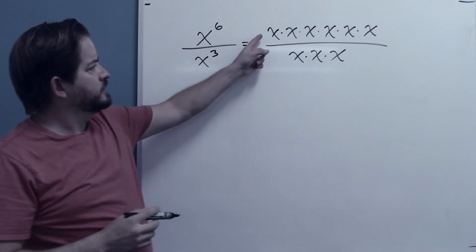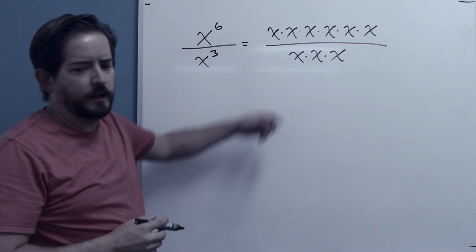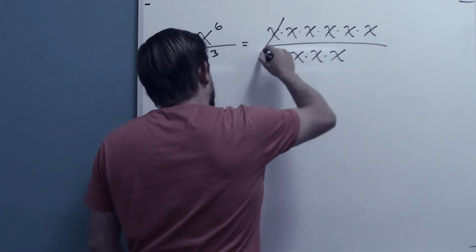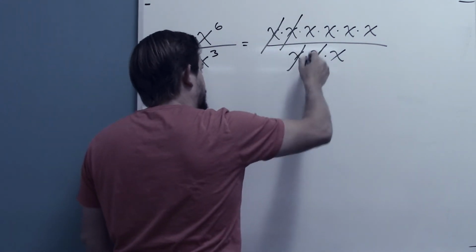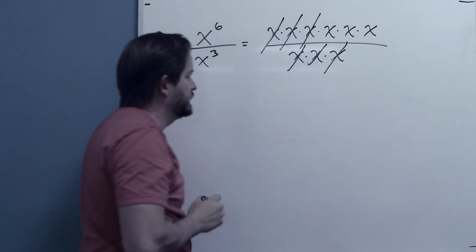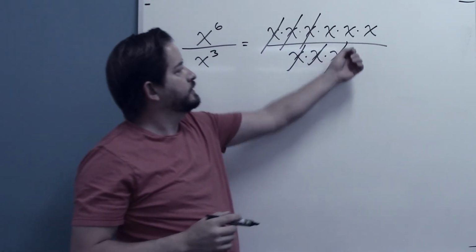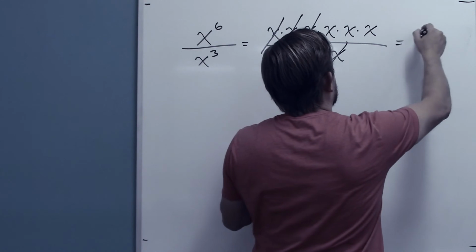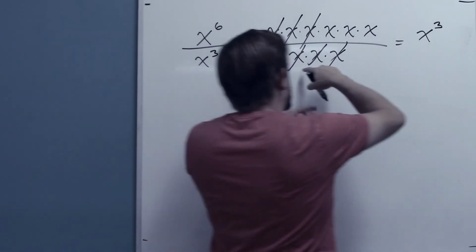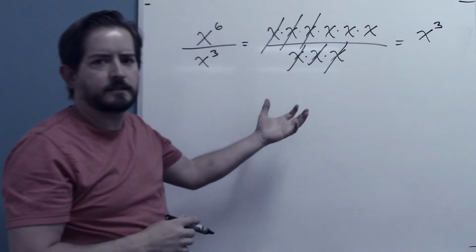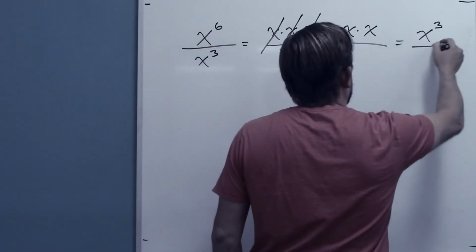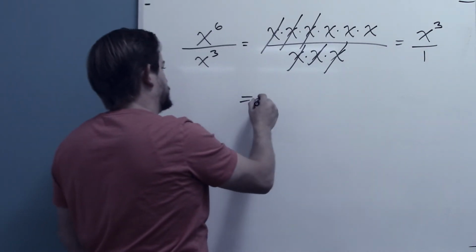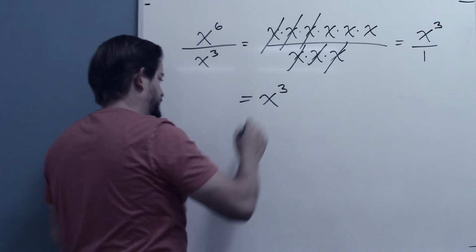But these are factors that appear both in the numerator and the denominator, so a factor from the numerator will cancel a factor in the denominator, and again, right? And when I recollect everything, I have x to the 3rd. Since everything in the denominator canceled out, I'm dividing here, so if it all divides out, it's over 1. But I don't need to write that it's over 1, I can just write that as x to the 3rd.